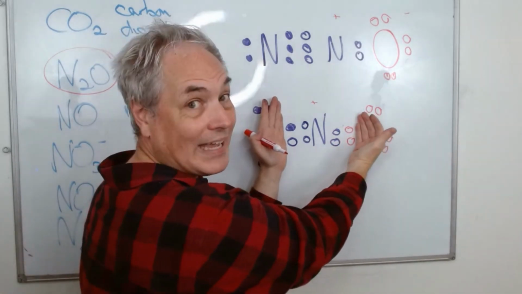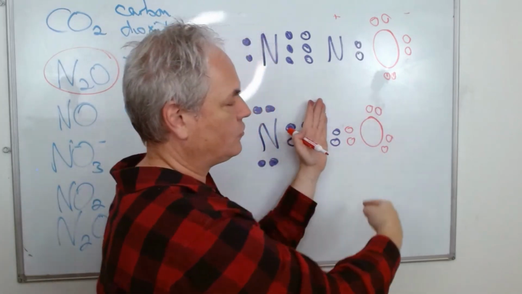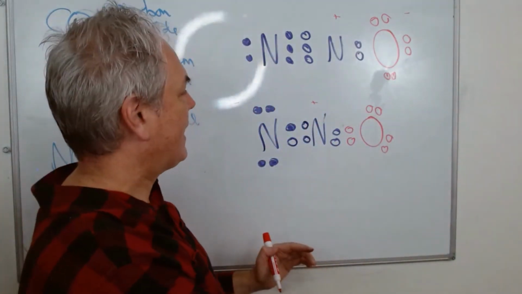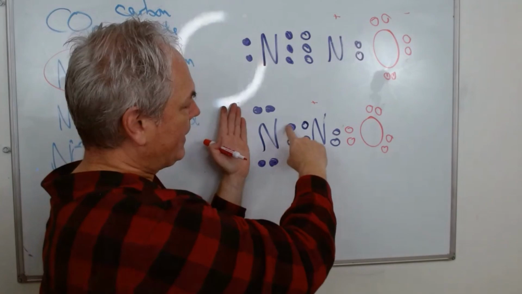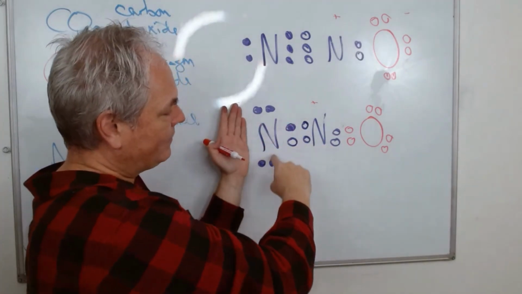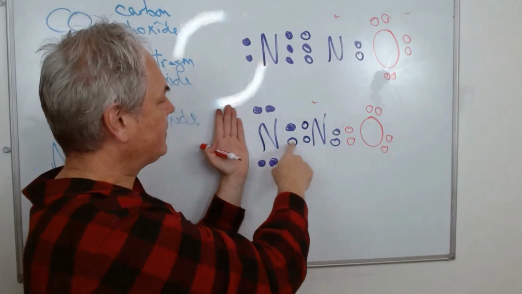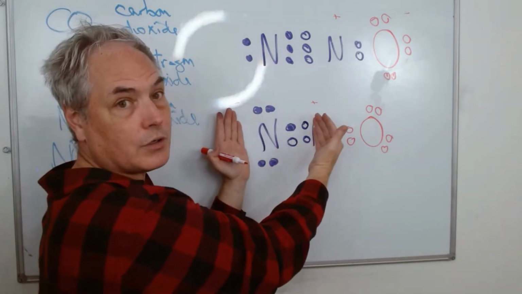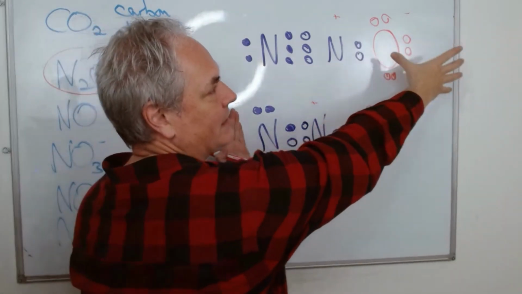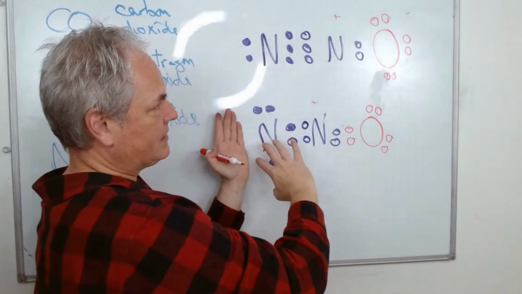So here we have 8 electrons, and for the oxygen we have 8 electrons as well. Because here we have 5 valence electrons and more electrons from the sharing, this part is a bit more negative. So earlier this side was negative, now it's going on this side.